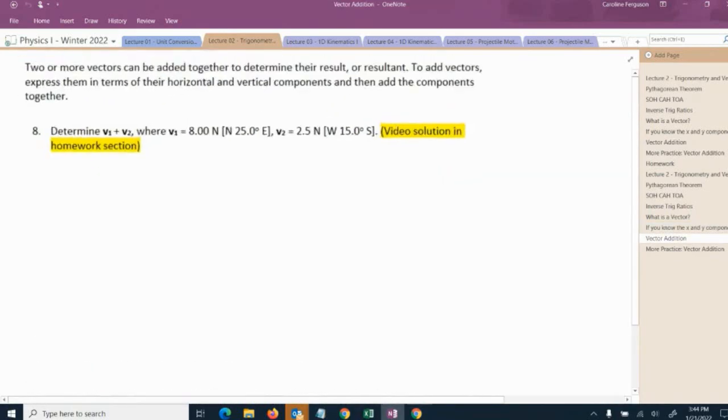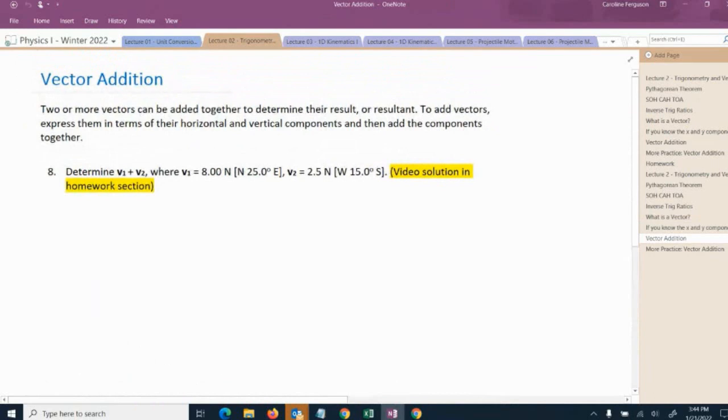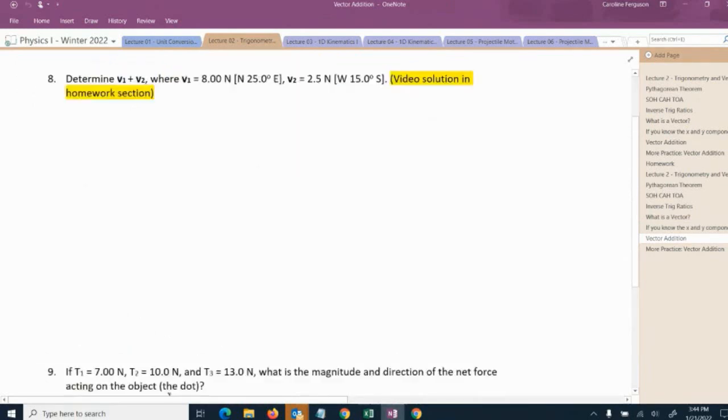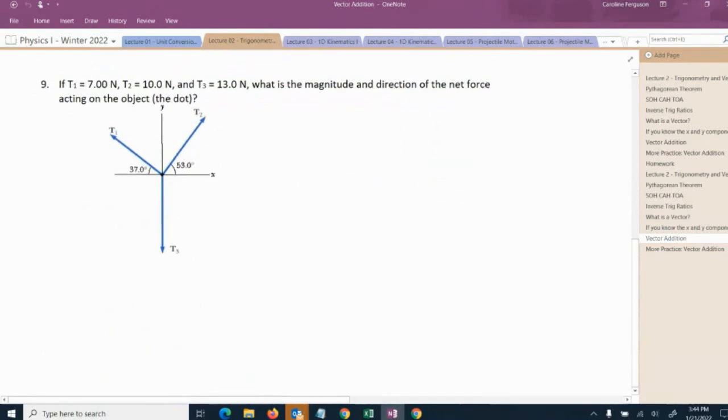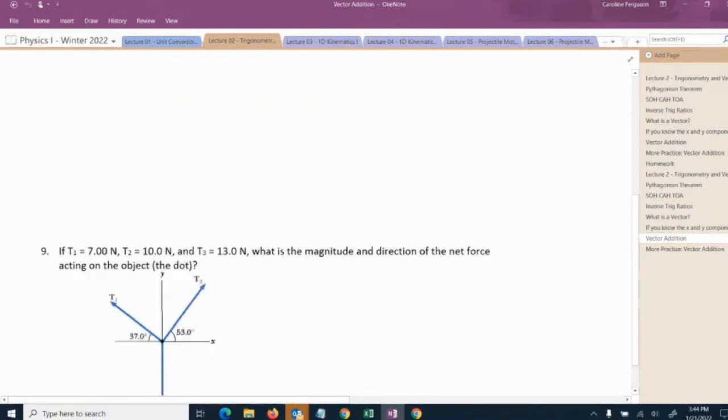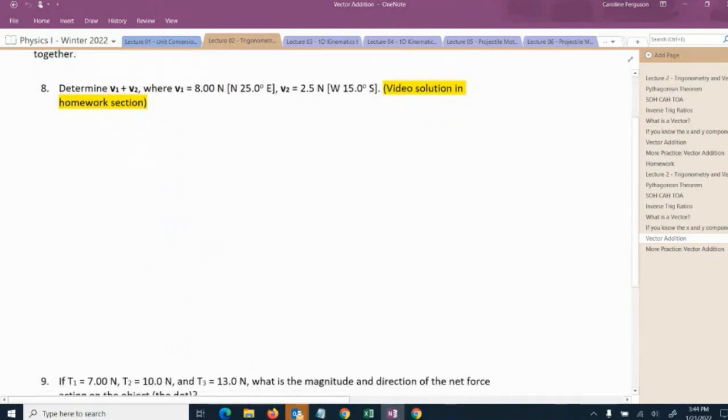Okay, so I'm going to skip 8 just because there's a video solution for it. And we're going to do 9. And there'll be a question just like 9 on your test. Okay, and it's probably one of the biggest questions on the test because it involves you doing the most steps here. Can you repeat what you were skipping? I'm skipping 8 because there's a video solution already in the homework.